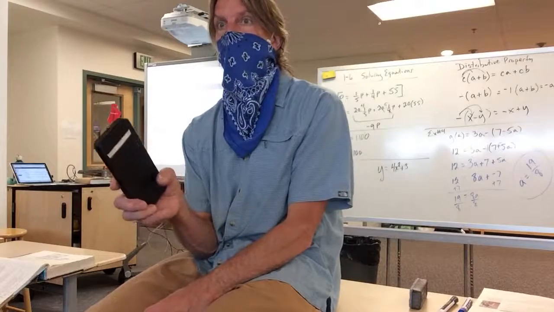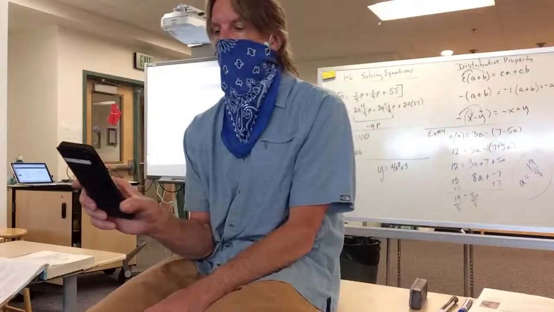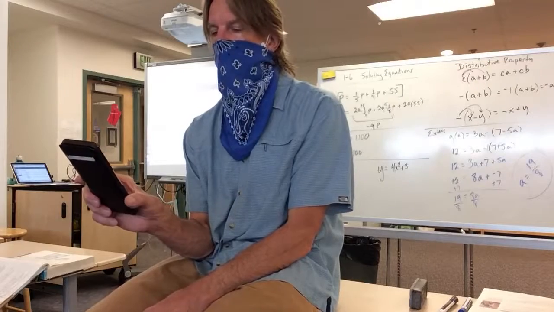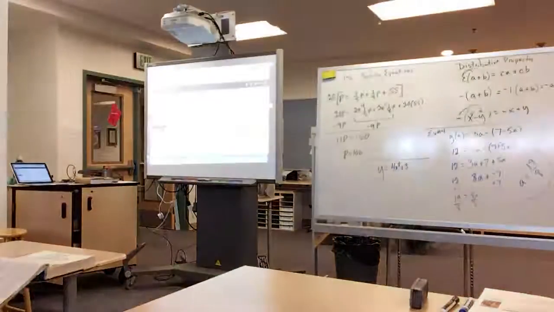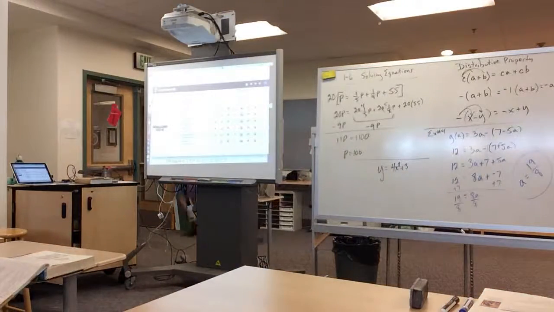Marvis? You have it now? Okay. That window looks different. Take a look at what they want for the x values. They want to go from -10 to 20.